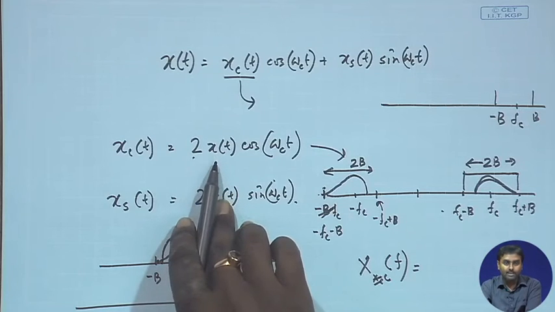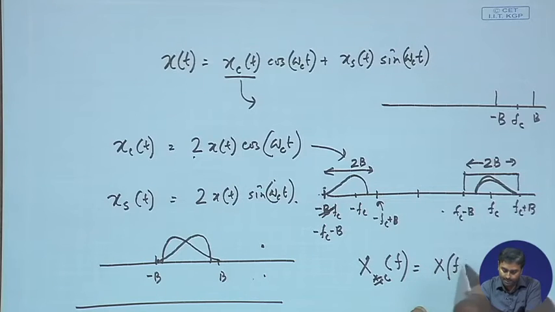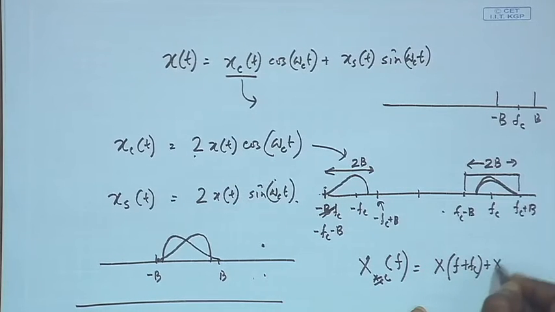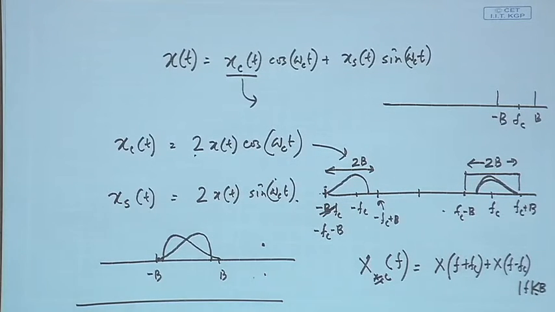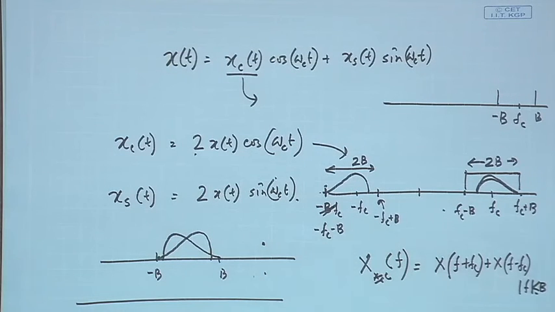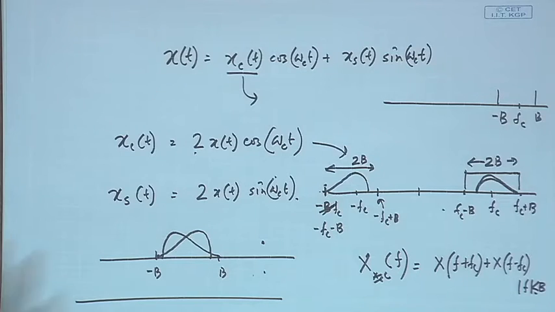That should be actually x f plus fc, plus x f minus fc, but this must be defined for f where mod f is less than or equal to b, which is just like this. All the higher frequency terms will be neglected, just these two parts will overlap and whatever I get. Okay. So, that is actually my xct and the corresponding Fourier transform of that.